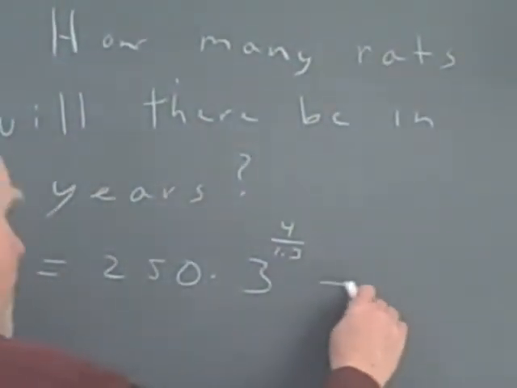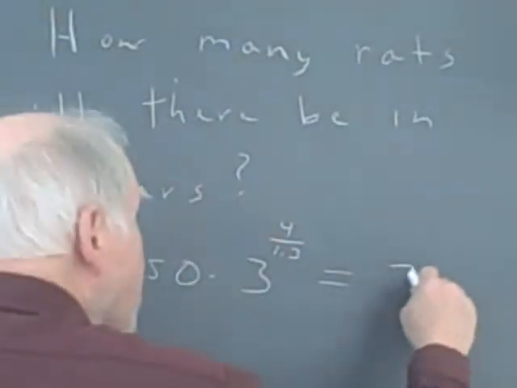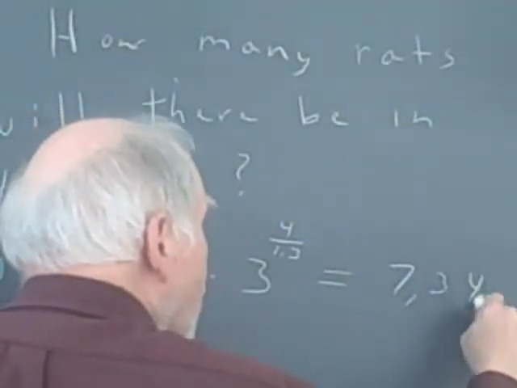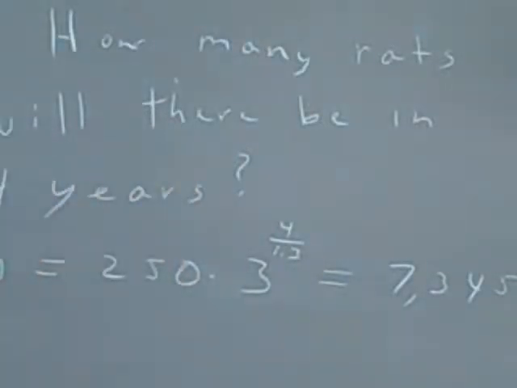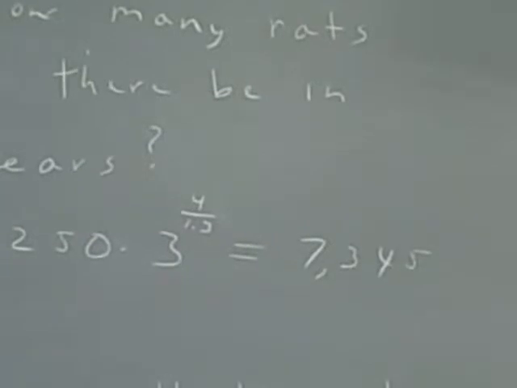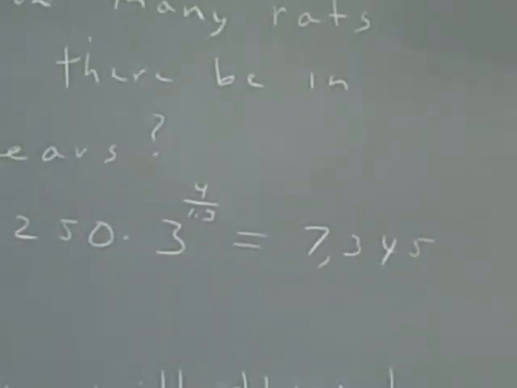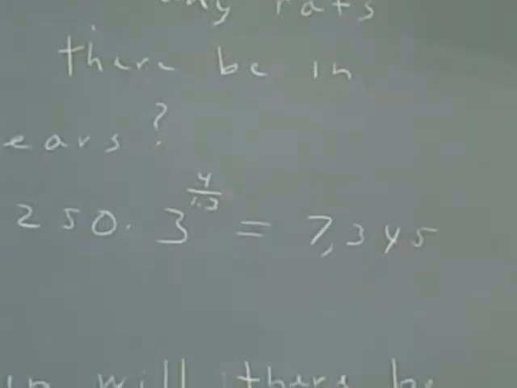If I plug that in my calculator, I've done that already, and I get 7,345. So in 4 years, I get over 7,000. They grew pretty quickly, didn't they? Grew fast, all the way up to more than 7,000 rats from 250 rats.